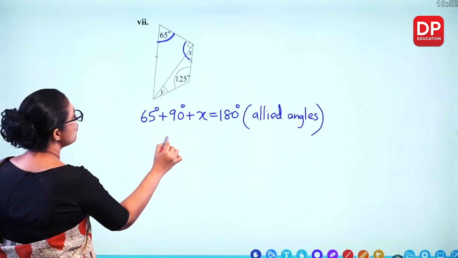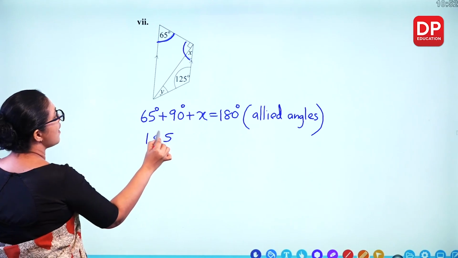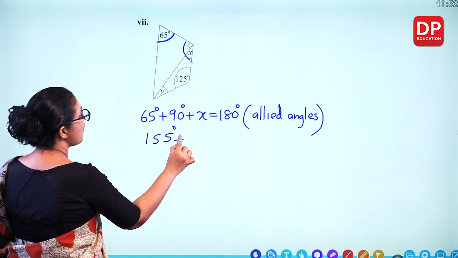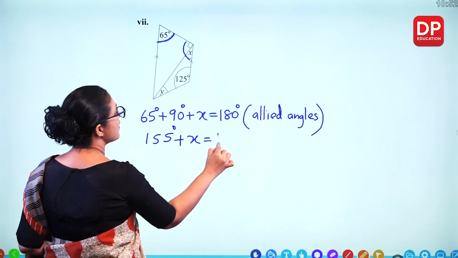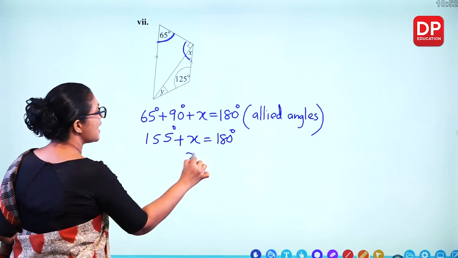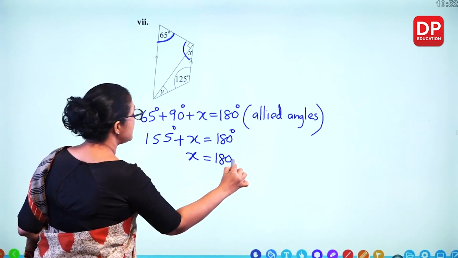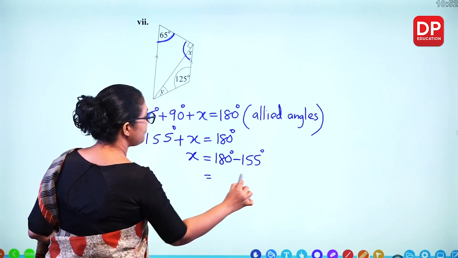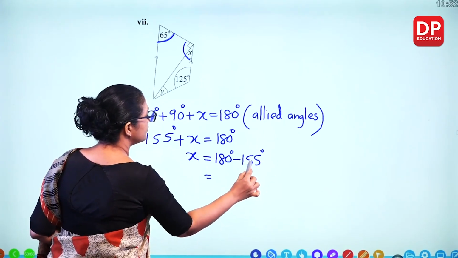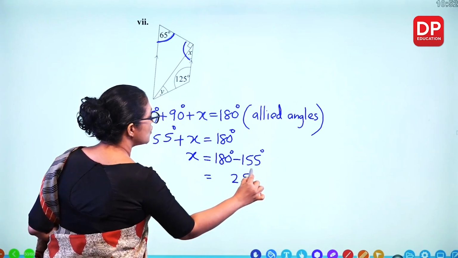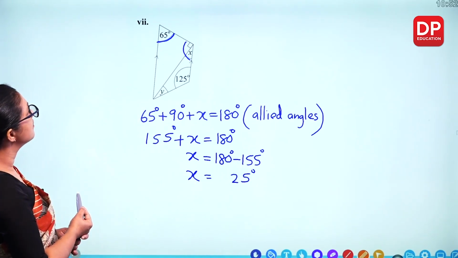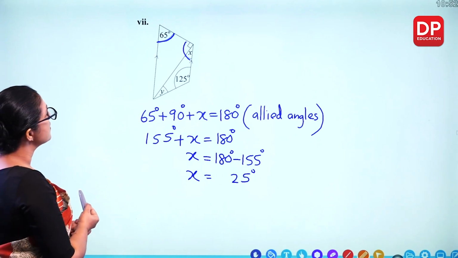Now, add these two, 5 plus 9 plus 6, 15. So, 155 plus x equals 180. So, what's x? 180 minus 155. So, you get 25 degrees for x. We found x is 25.